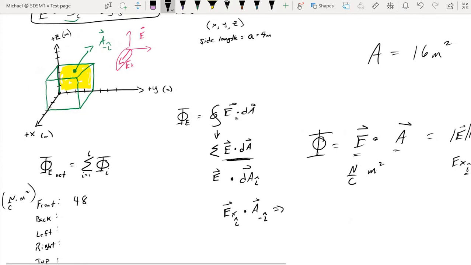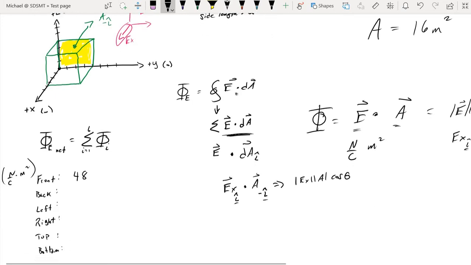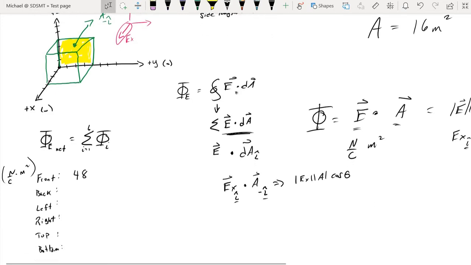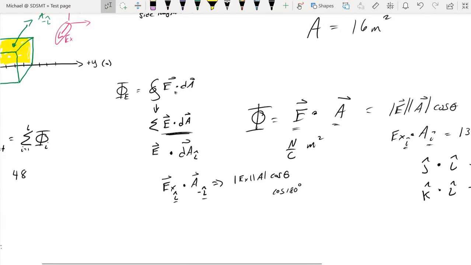If we evaluate this particular dot product, we still get the magnitudes of the vectors along with the cosine of the angle, but the angle between these two vectors is no longer 0, it's 180 degrees. And the cosine of 180 is no longer 1, it's negative 1.